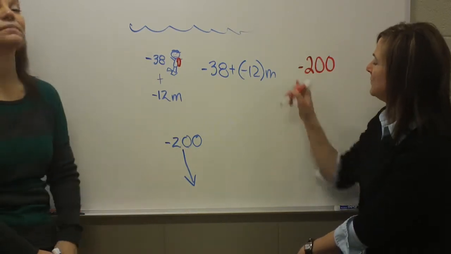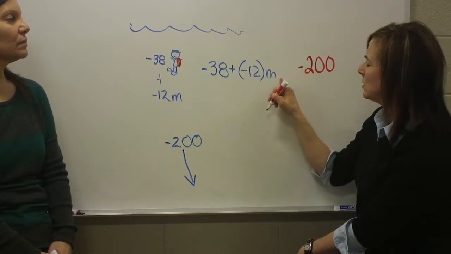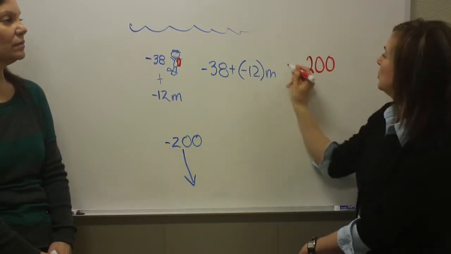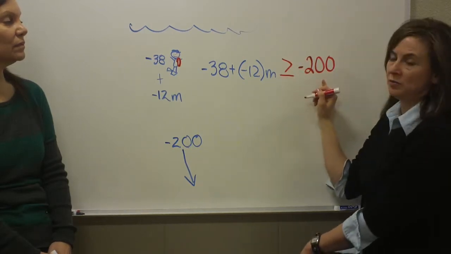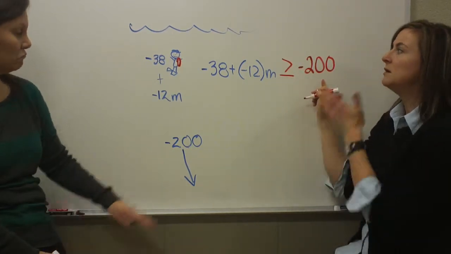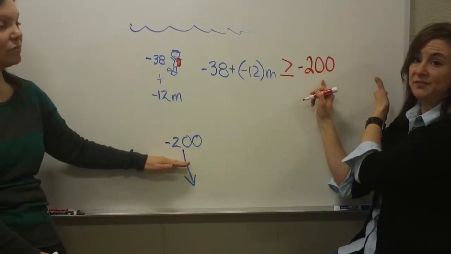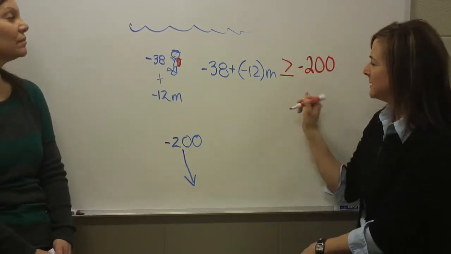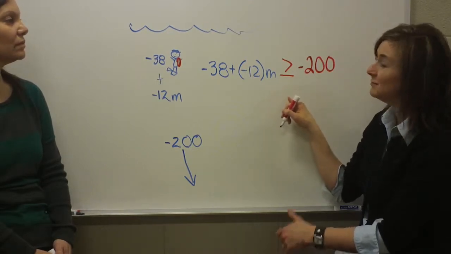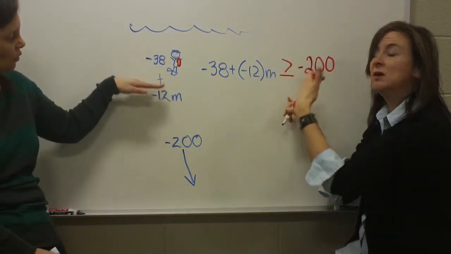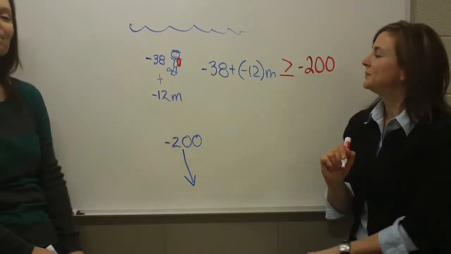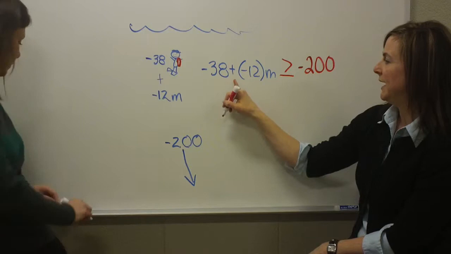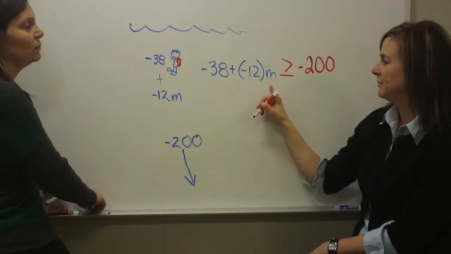So we have to think. If I make my sign go greater than or equal to, it could be 200, but it could also be 201, 250, 300, and it would follow what they're asking. Now I can double check. If I go less than negative 200, would it work? It wouldn't work. All right, so now we have our two steps, a negative 38 and negative 12 times m.